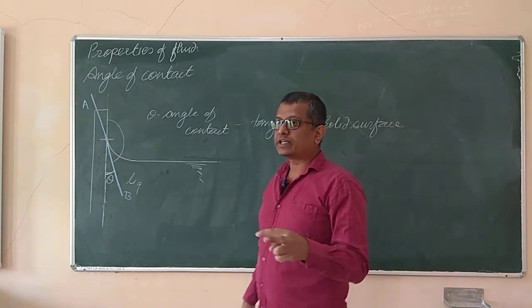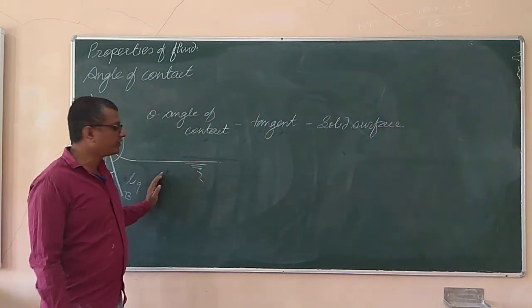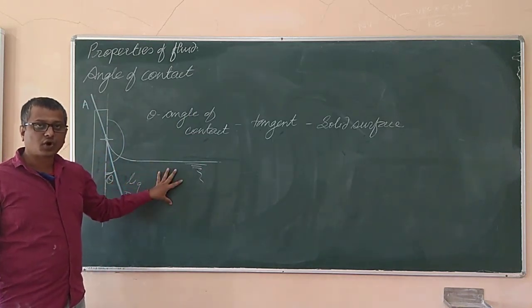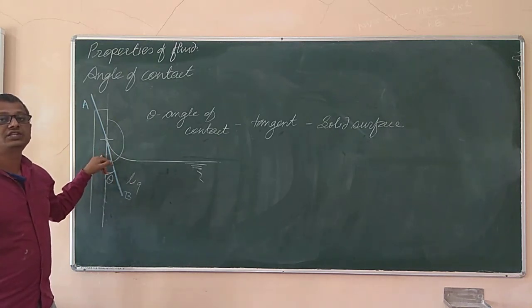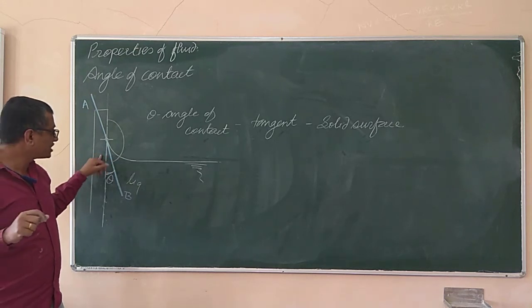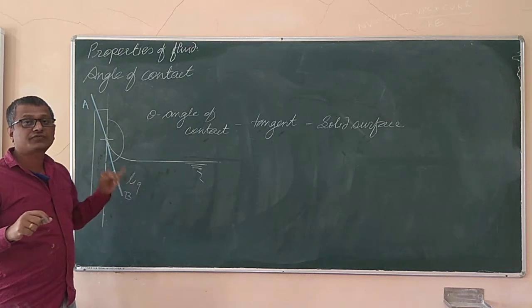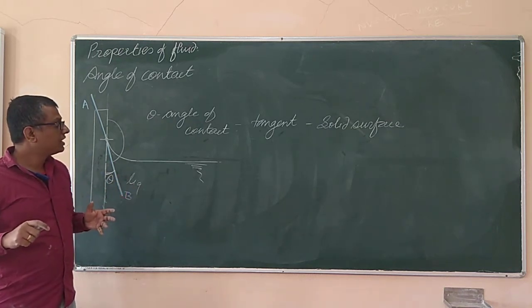The angle of contact is always defined for a pair of materials, one a liquid and the second a solid like glass. For example, for water and glass, the angle of contact theta is 0 degree. But instead of glass, if I take steel, gold or silver, the angle of contact may change. So remember this, right?